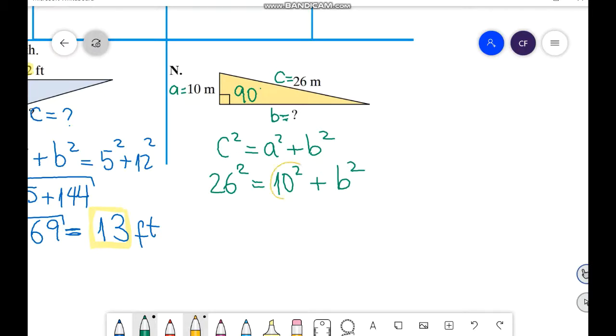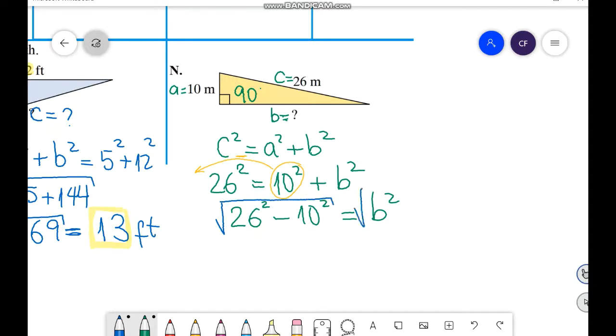Now it's slightly different. Let's move this 10 squared to the other side. It will become a negative. Okay? So 26 squared minus 10 squared equals b squared. Now apply the square roots on both sides.